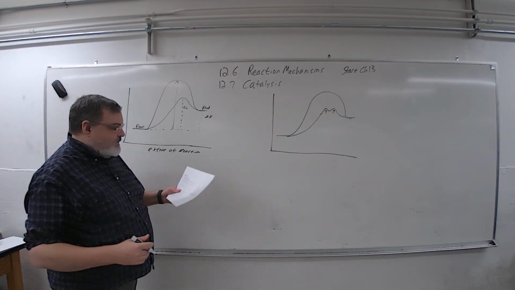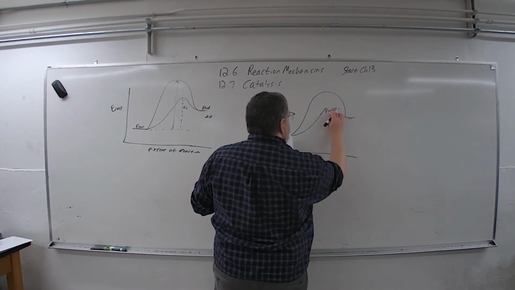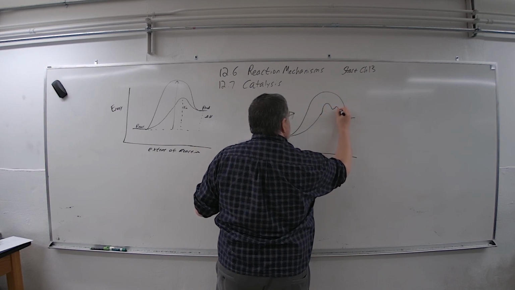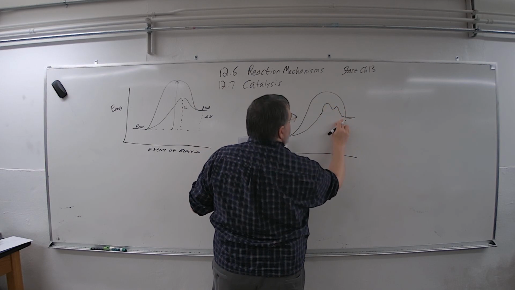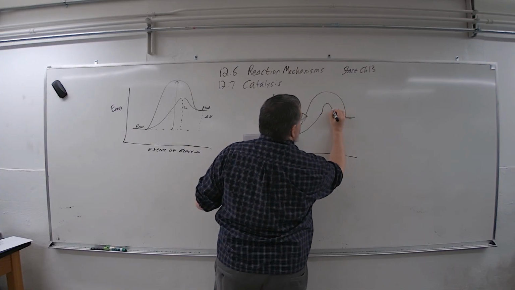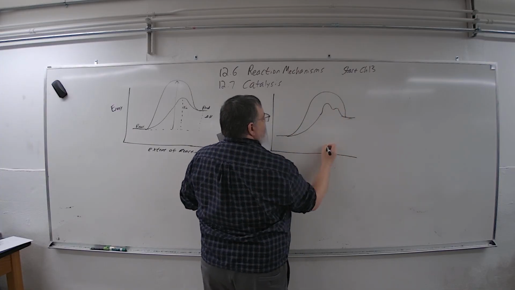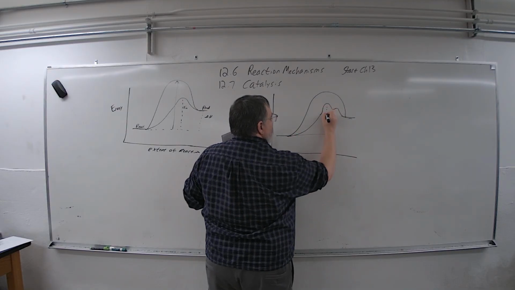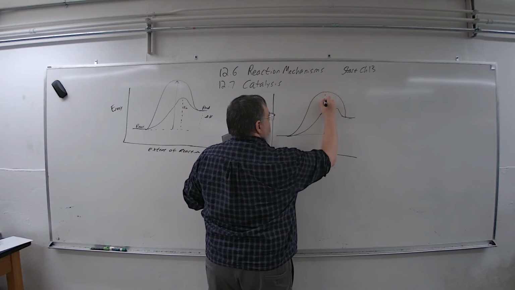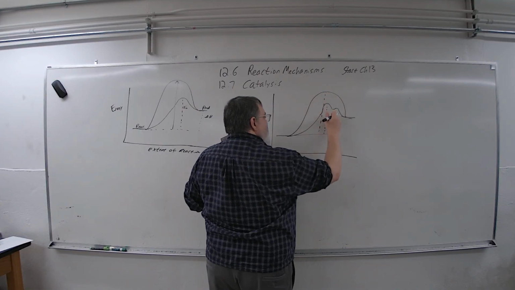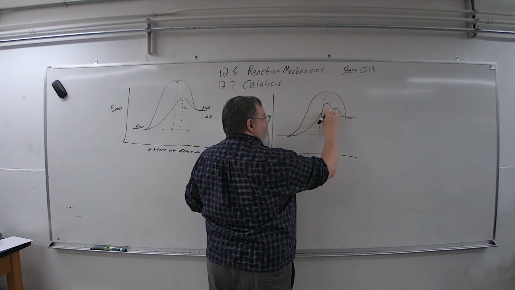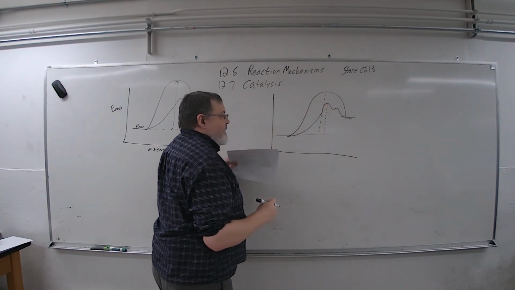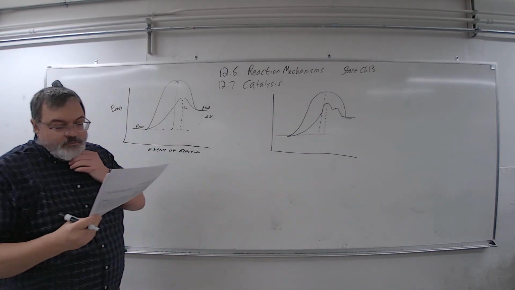So you still have a catalyst here, and it's still decreasing energy here. So you see two steps here, but still the rate limiting step is this. That's the key. The higher step is the rate limiting step. That's the one that takes longer. The higher peak is the rate limiting step. And the catalyst has reduced the energy of the overall reaction.